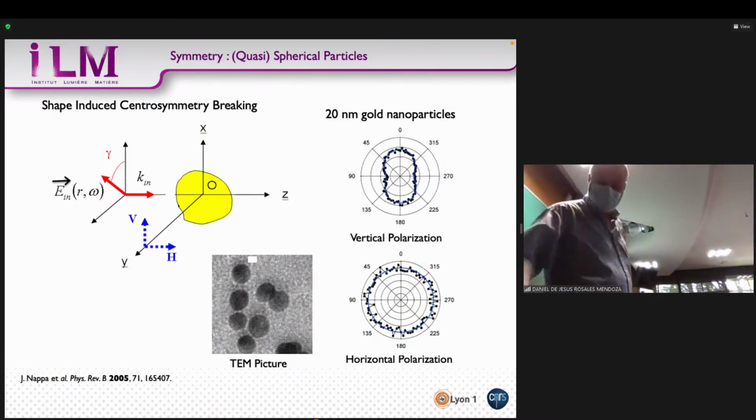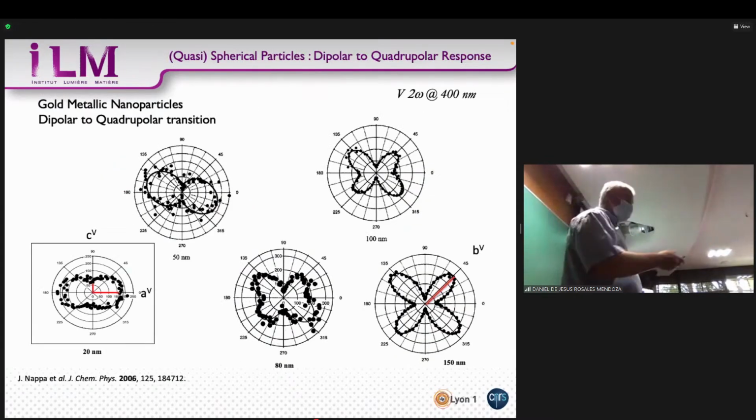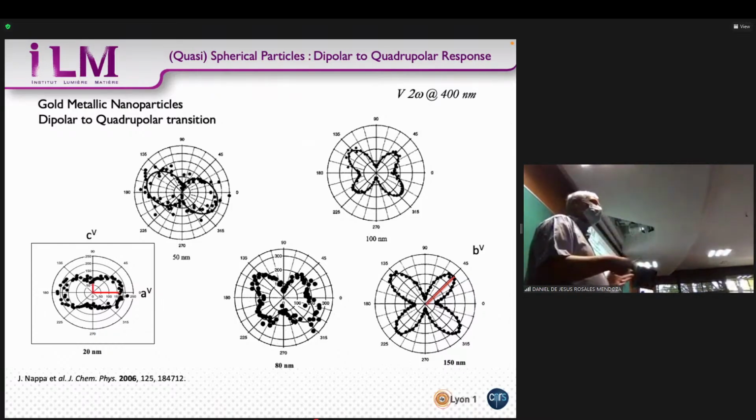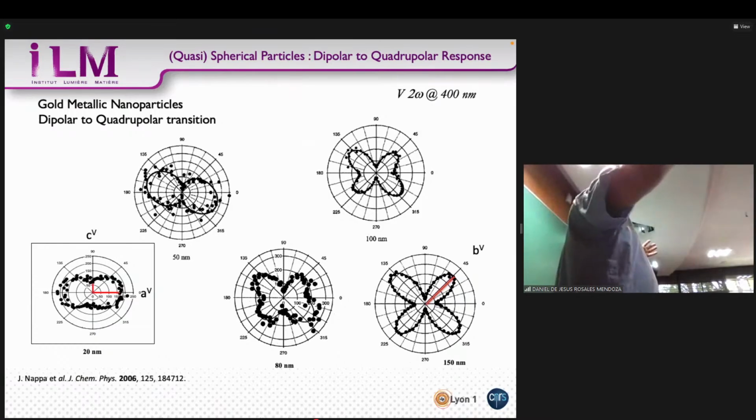Okay. So what we've done now is to increase the size. So these are the 20 nanometer particles. This is 50, 80, 100, 150. Again, you see the 4 lobes developing. And that's due to the growth of the size.